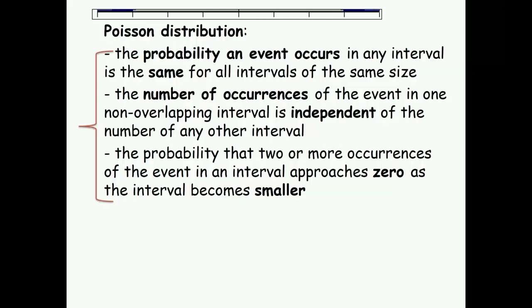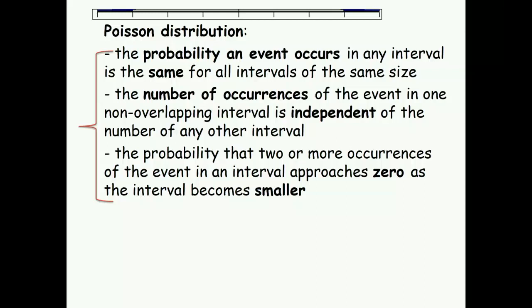The probability would remain the same for the same interval. It could be from 10 to 10:30, from 10:30 to 11. The same, the probability would not change. The probability of customers coming in any interval is the same for all intervals of the same size.